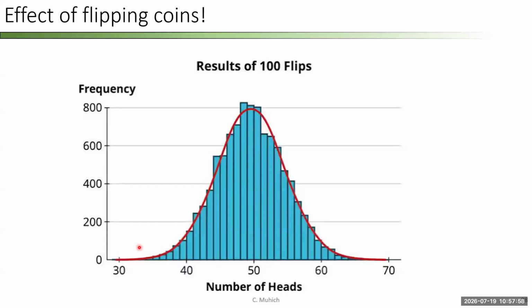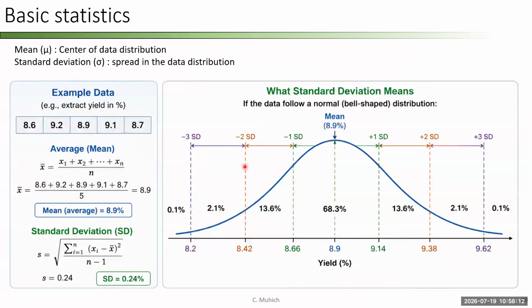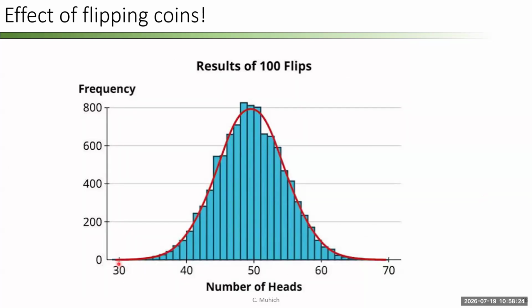Because of this, we can't just take one measurement and say that's what it is. We want to do things multiple times to see how consistent our results are. And we have names for that consistency and how to describe that data. So here we have that same distribution that I showed over here, this normal distribution.